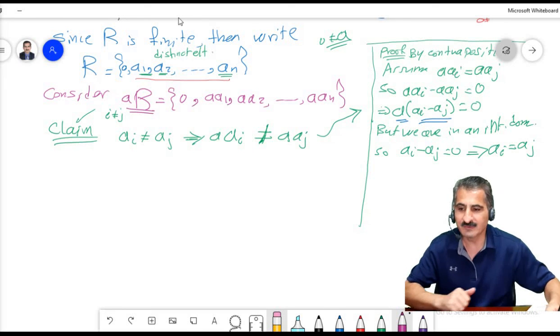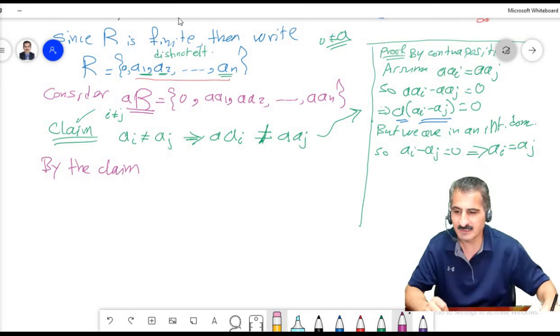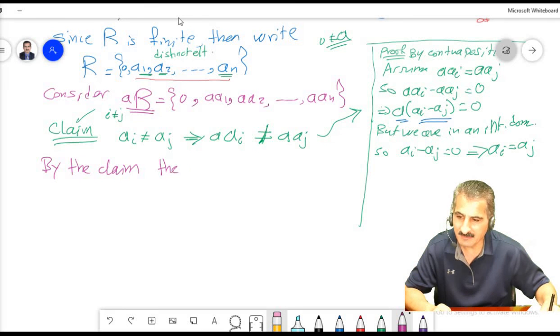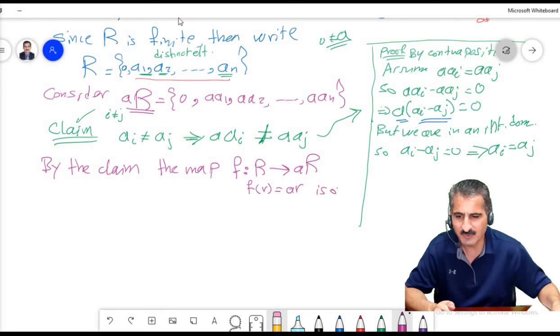Now, look at it in here. By the claim, the map F that goes from R to A times R, defined by F of any element small r equals A r, is 1-to-1.